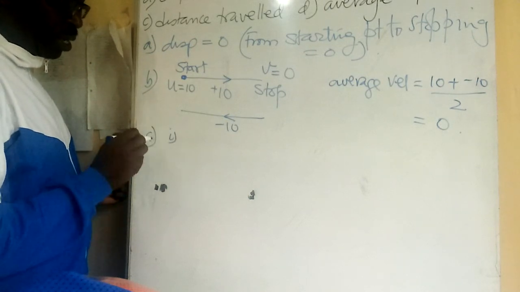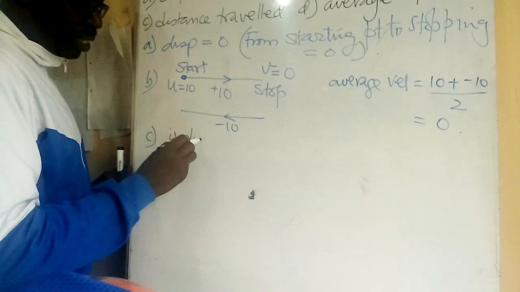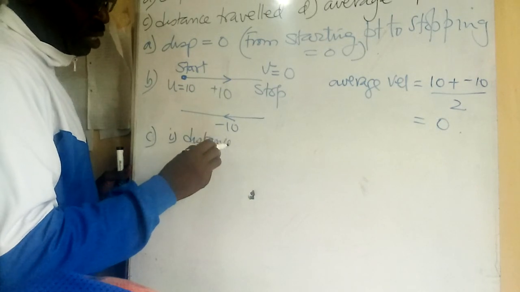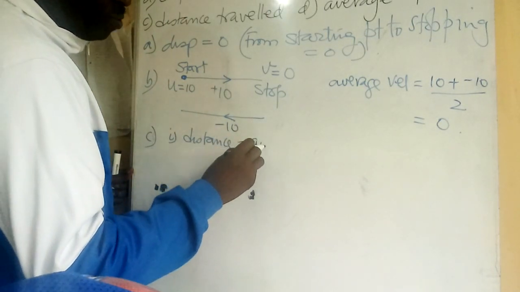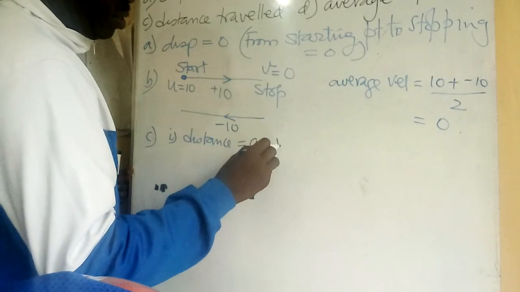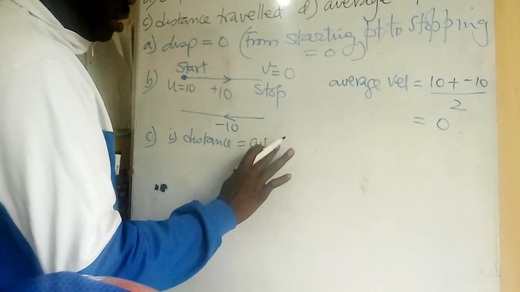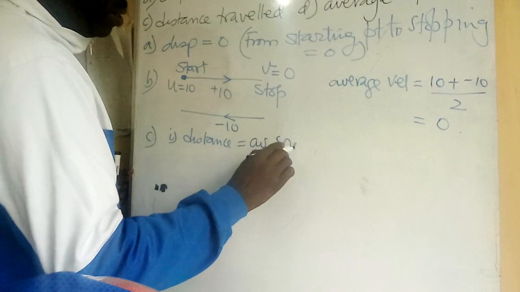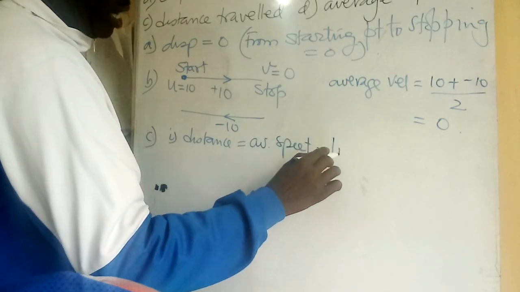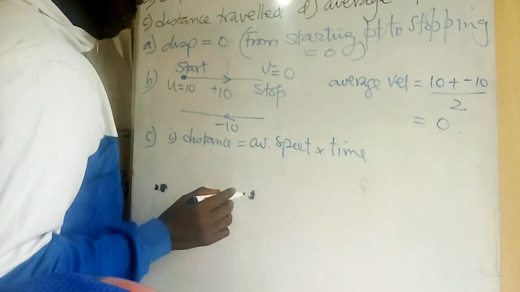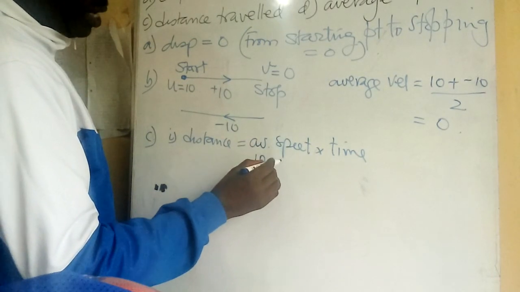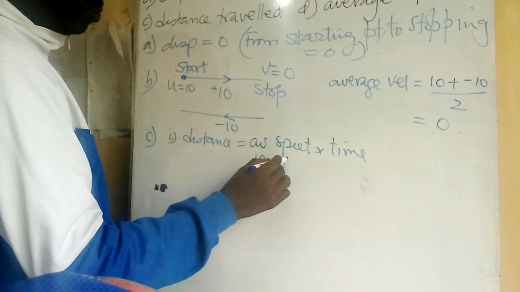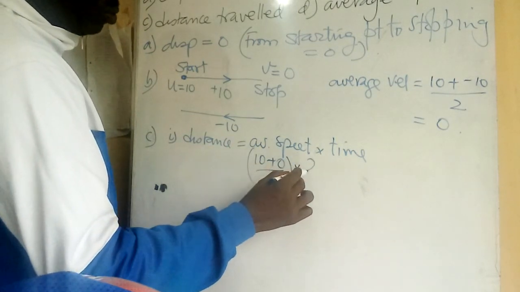One, distance will be equal to average speed times time. The average speed is 10 plus 0 over 2, then times 2.